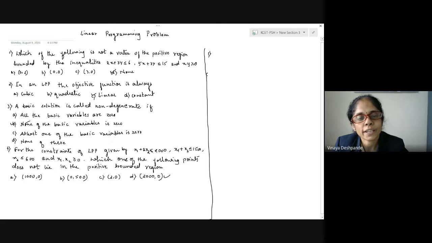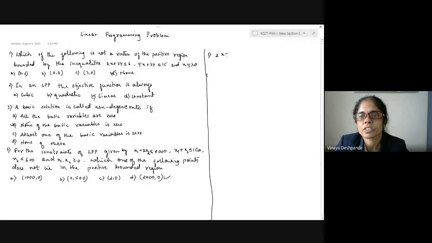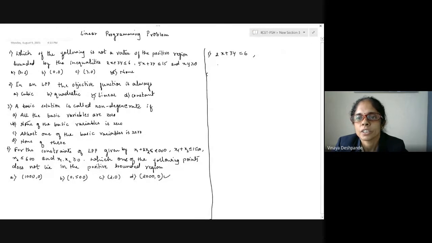We have to find the vertex which is not a vertex of the feasible region. So here, consider the inequalities. 2x plus 3y is equal to 6. Put x is 0, y is 2.